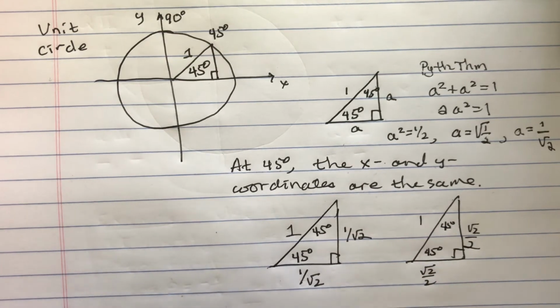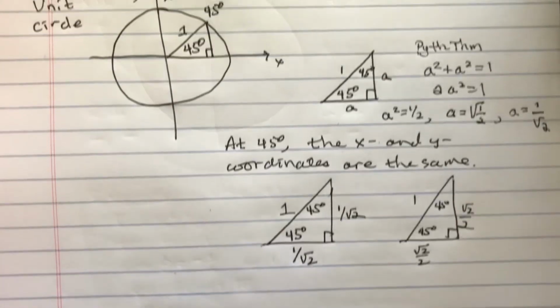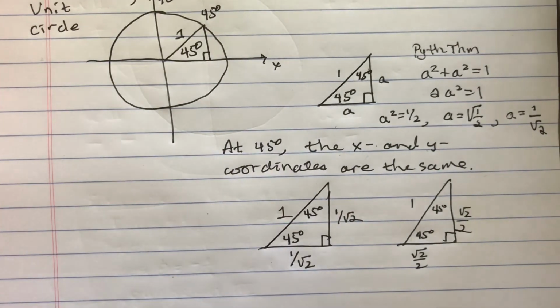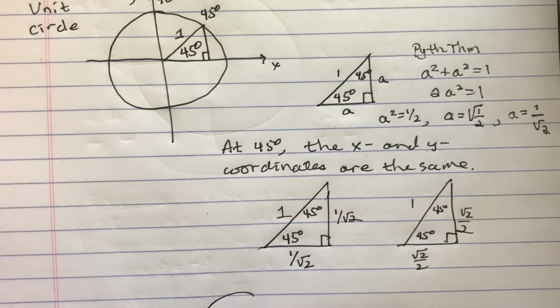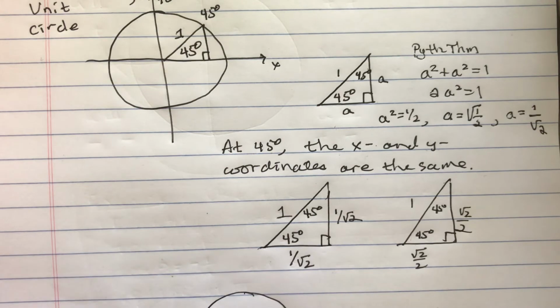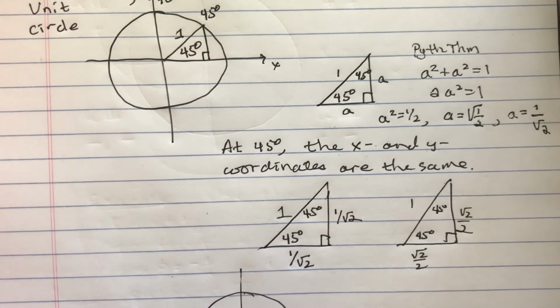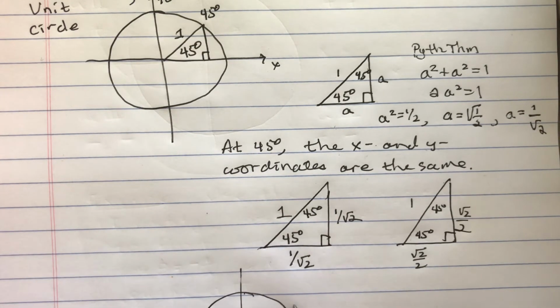So back to our picture then, we can go up here and fill it in. For 45 degrees, I have the x-coordinate rad 2 over 2 and the y-coordinate rad 2 over 2. Why?